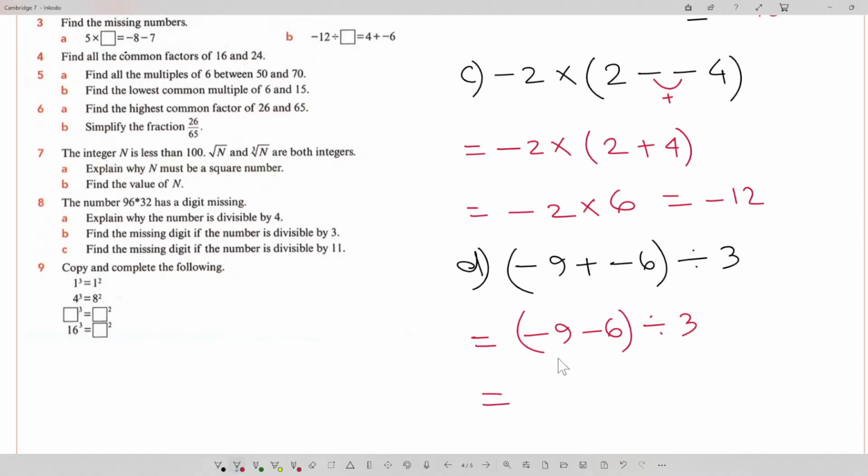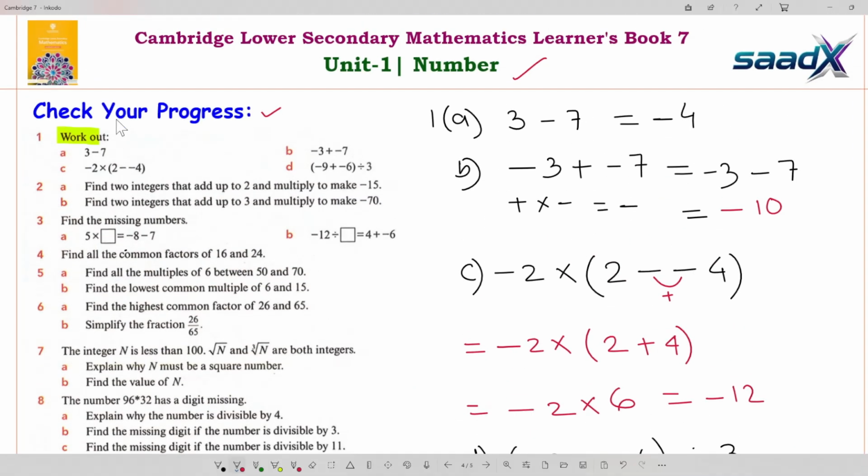Then minus 9 minus 6 will be minus 15, divide by 3. So what will be the answer? 15 divided by 3 is 5, and the sign is minus. So number 1, everything done.